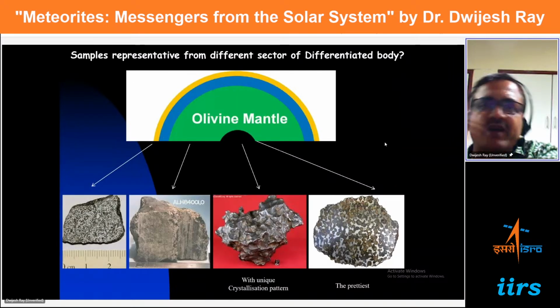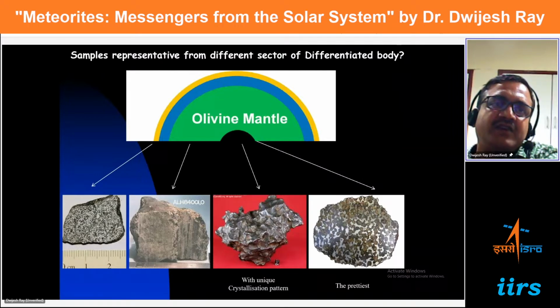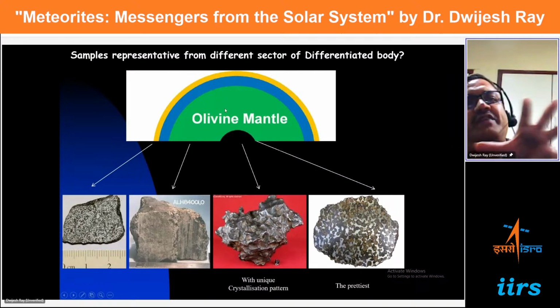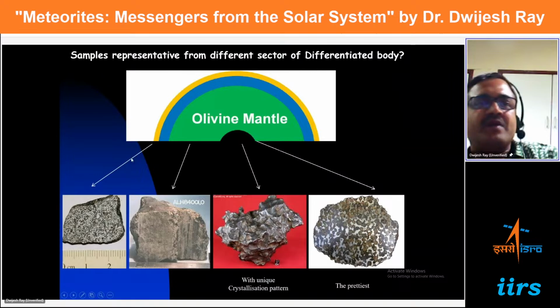If you have a sample like this, which is mostly made of silicate, you can expect that it can come from the outer skin of a differentiated body. If it is a differentiated meteorite, it might have blasted from the crust of the differentiated body.